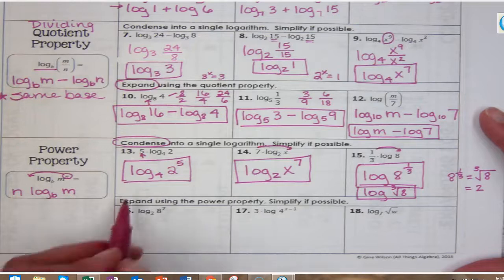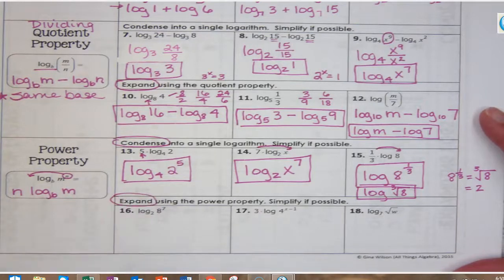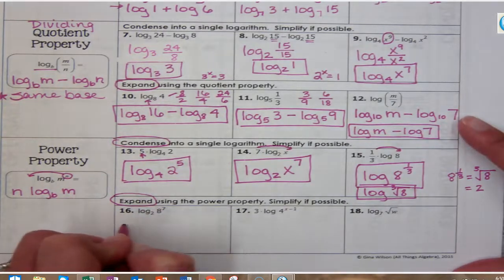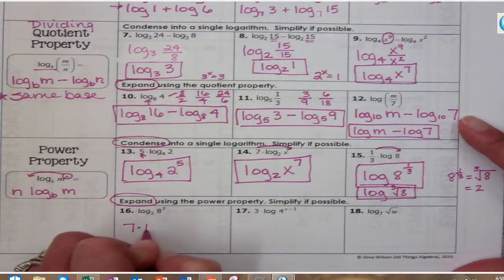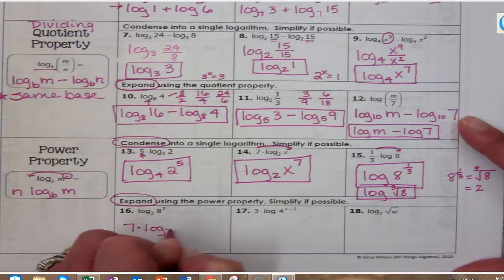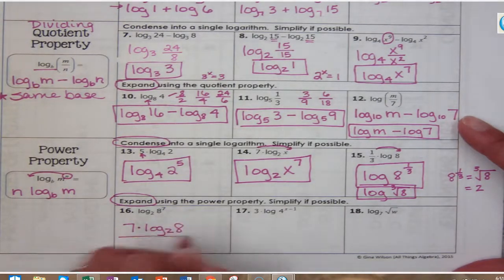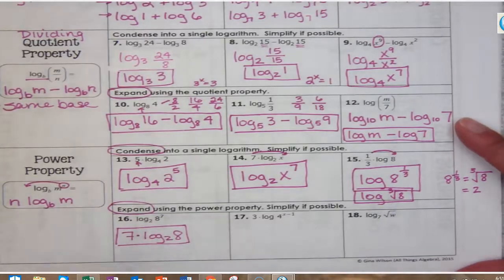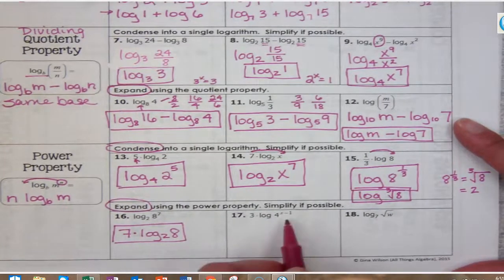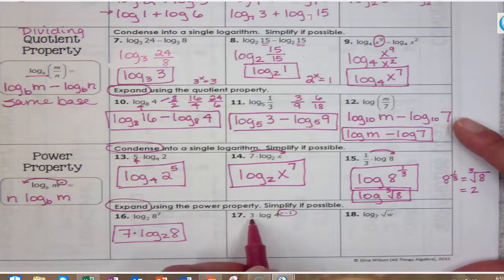Now we've got to expand. We're going to expand these out, and all you're going to do is move that exponent to the front of the log. So we just get 7 times log base 2 of 8. And that's it. All right. Now I've got this big, huge exponent here. And I already have a number here.